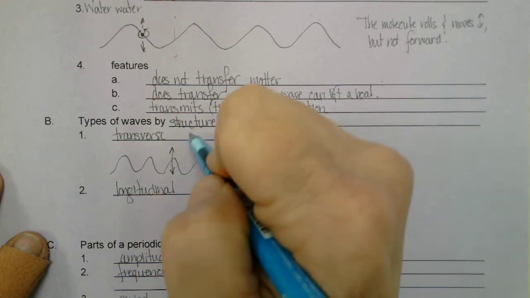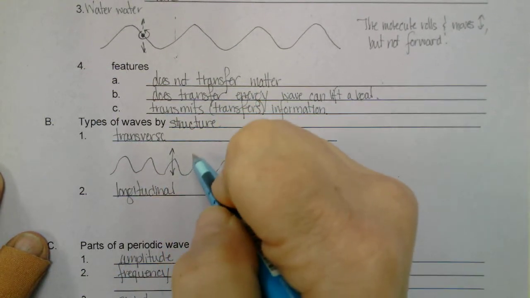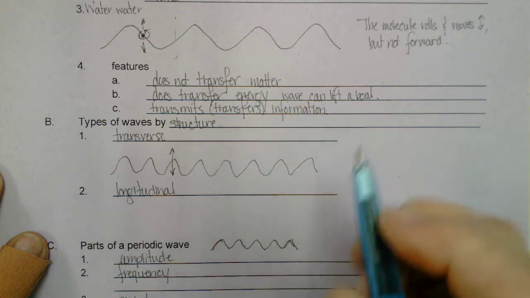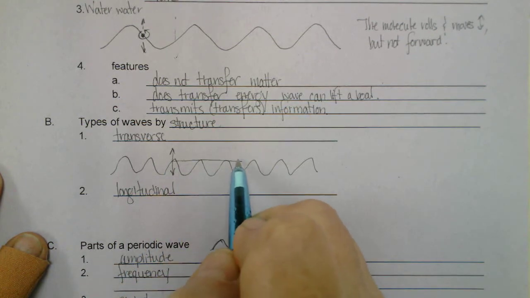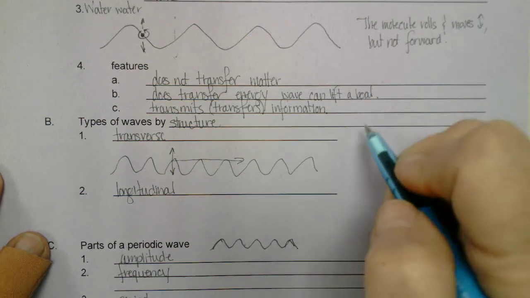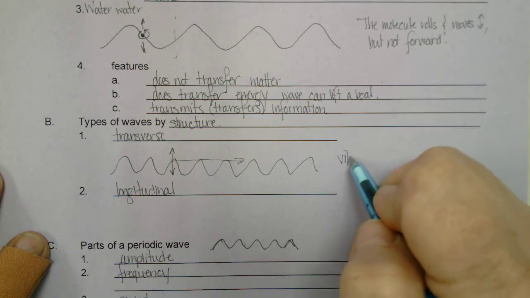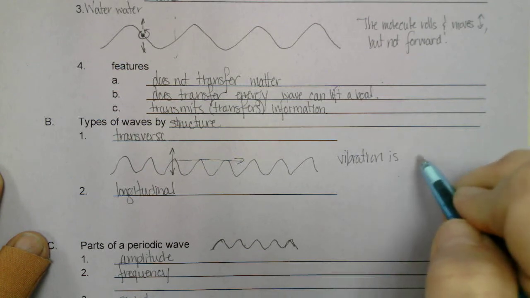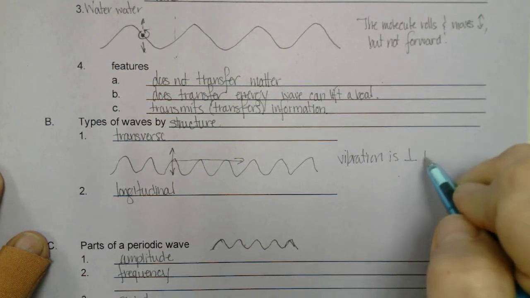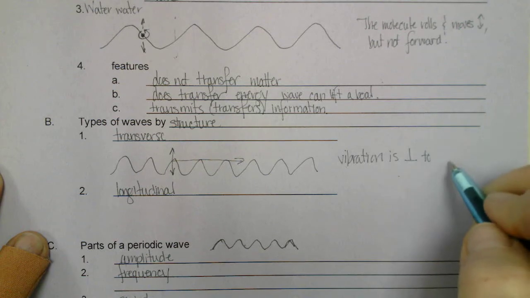The wave itself is vibrating up and down, but the wave itself is traveling in this direction, so the vibration is perpendicular to the direction of the wave.